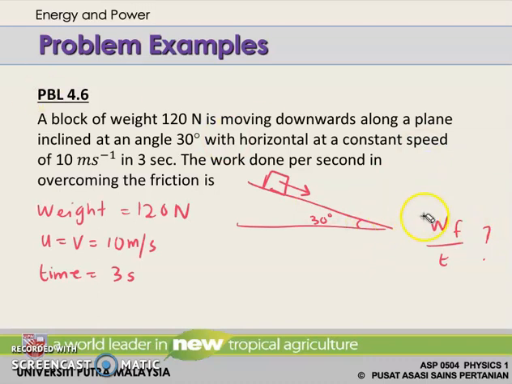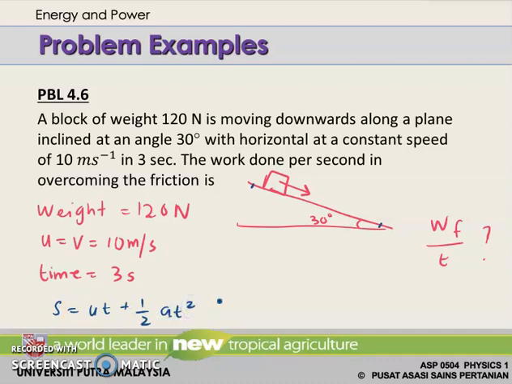Okay, so to find out the work done by friction, we obviously need to draw our free body diagram and also need to know the distance traveled in 3 seconds. To find the distance traveled in 3 seconds, we use the kinematic equation S equals UT plus 1 over 2 AT squared.